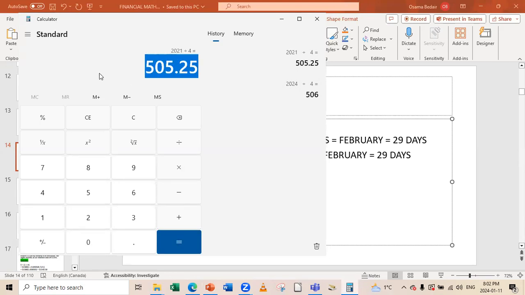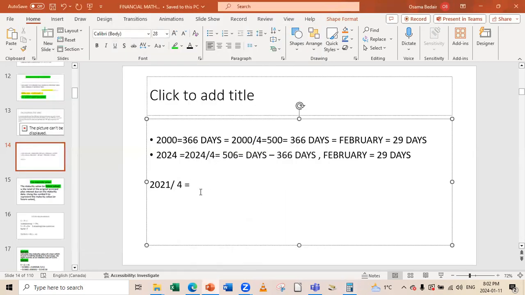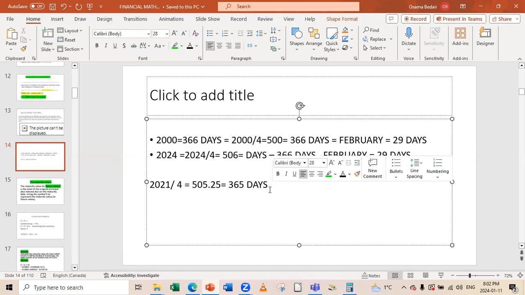As long as I got a fraction, that means only one thing: that this year is 365 days. As long as I got a fraction here, or decimal point, not a whole number without any fractions, then now it's 365 days.